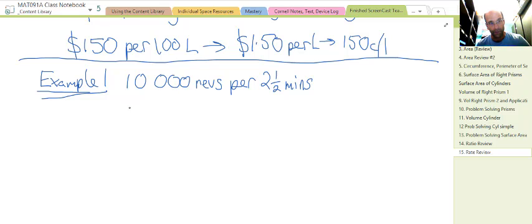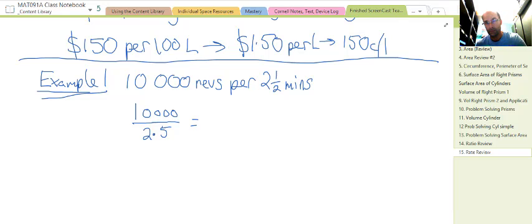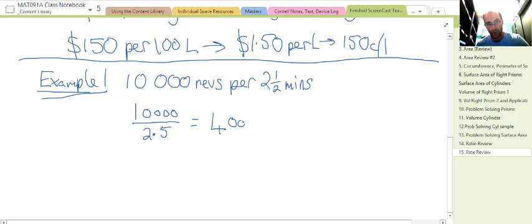So to write as a simplified rate, we go 10,000 divided by 2.5 minutes. This will give us 4,000 revs per minute.